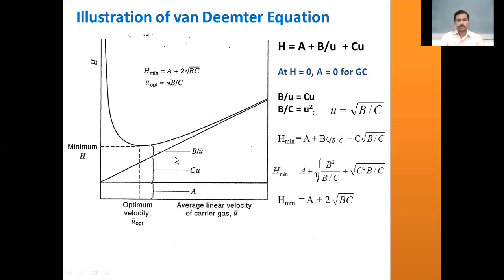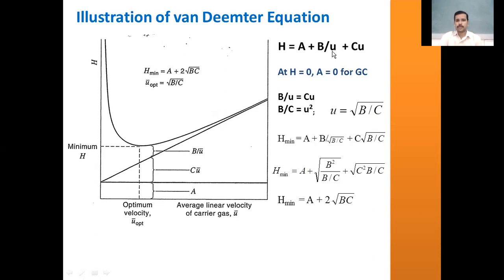So we know from the Van Deemter equation, H is equal to A plus B by U plus Cu, where U is the linear velocity of the mobile phase. If you consider the longitudinal diffusion term, H is equal to B by U, if U is increased, H will become less.